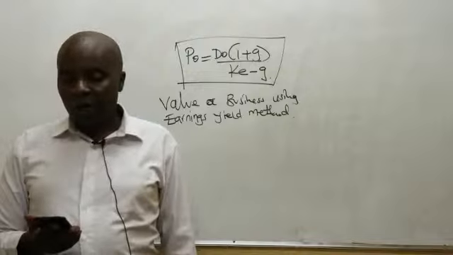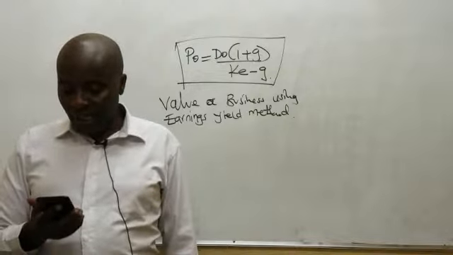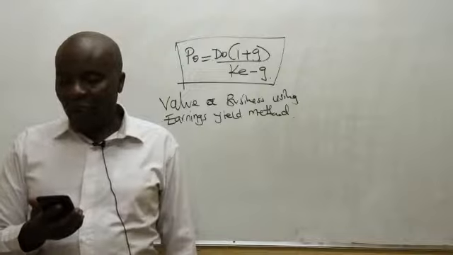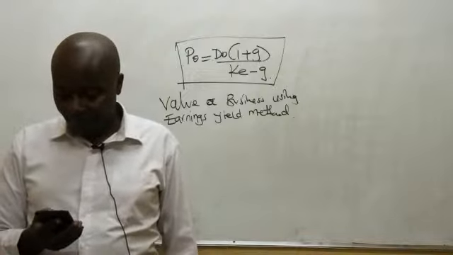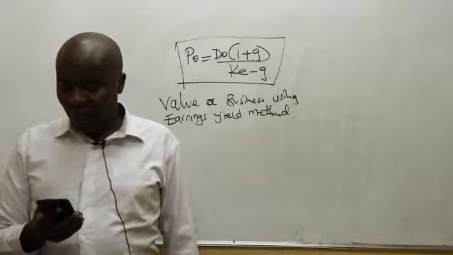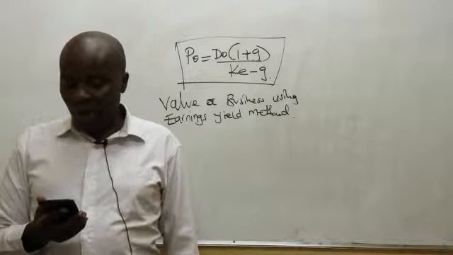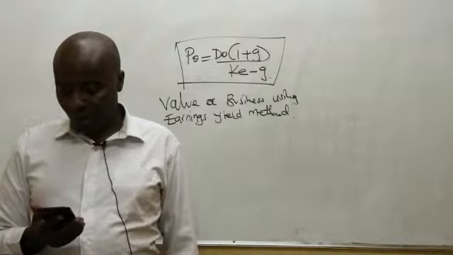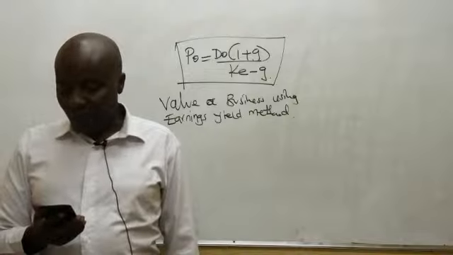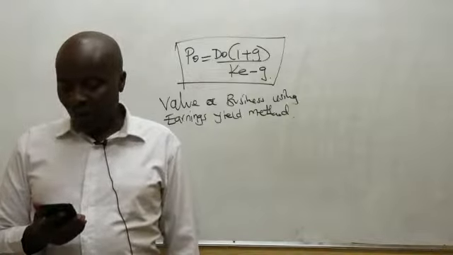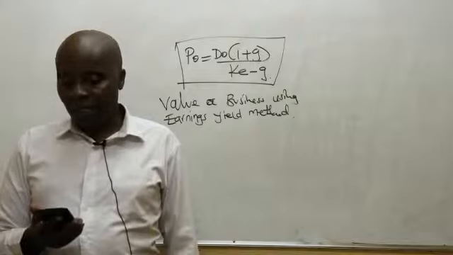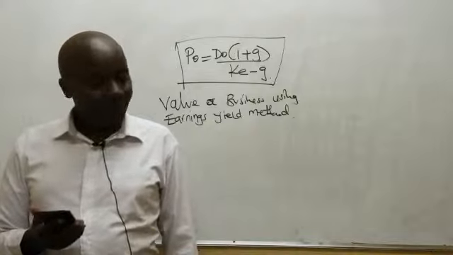So we are told there that Deye Limited has provided the following financial results, year 2014 to 2017, then we have profit after taxation. Profit after taxation is our earnings.